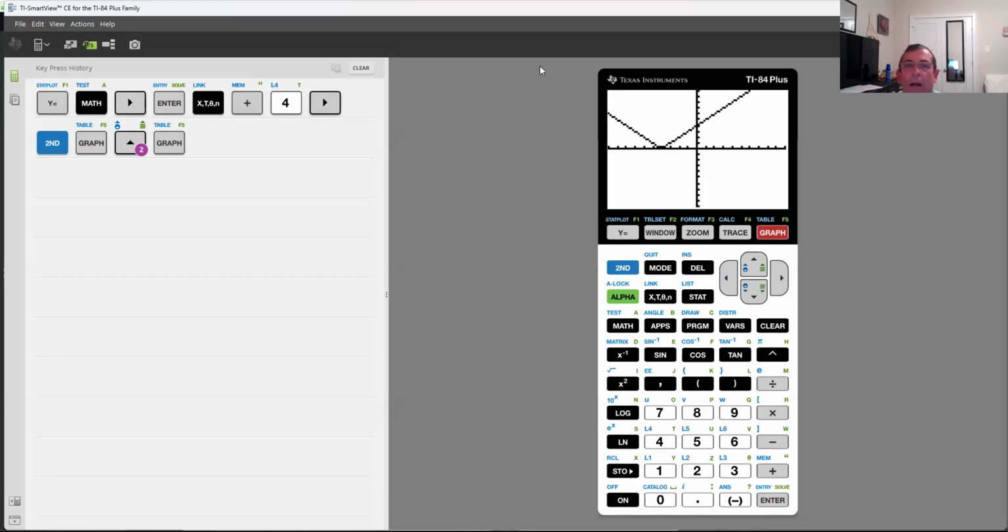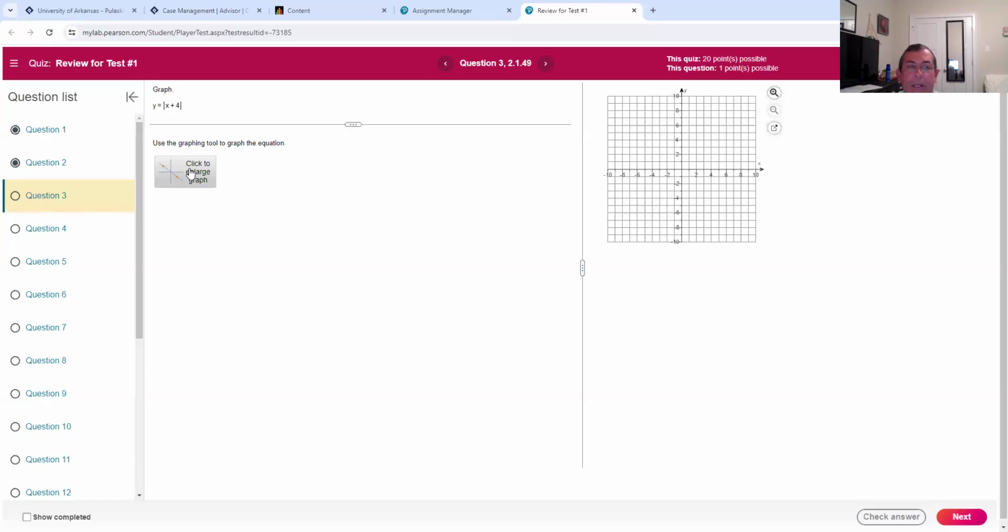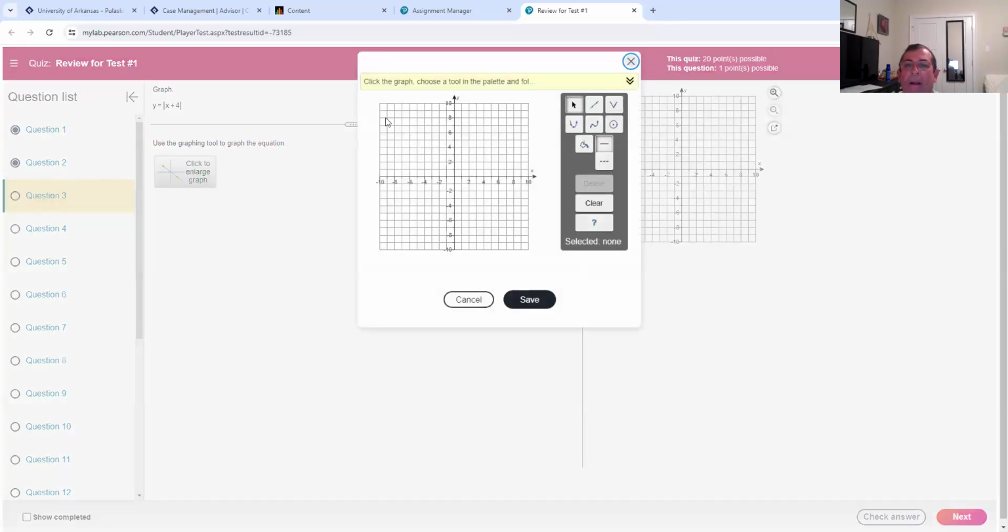So y'all, we're gonna go graph this now on our math lab. I'm going to click to enlarge my graph. I'm going to choose the V-shaped absolute value tool. I'm going to come down here and plot that -4, 0 first. So your first point is going to be touching that x-axis somewhere, okay? And my second point was 0, 4.